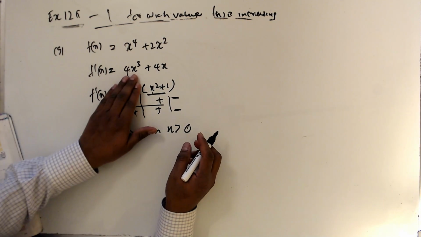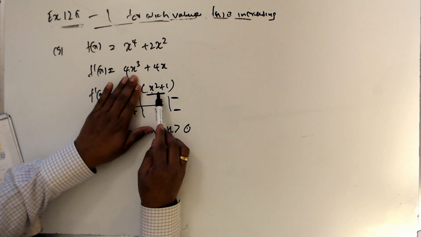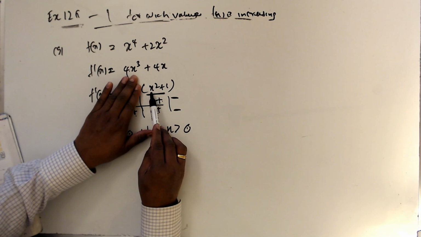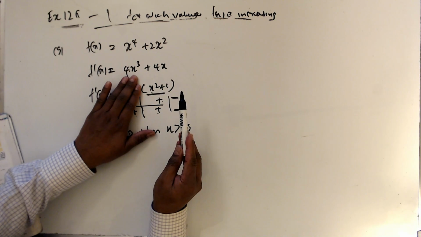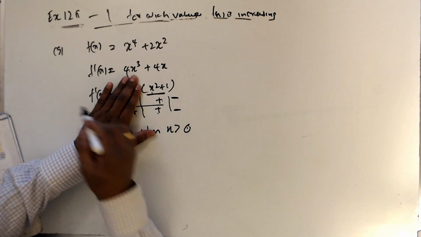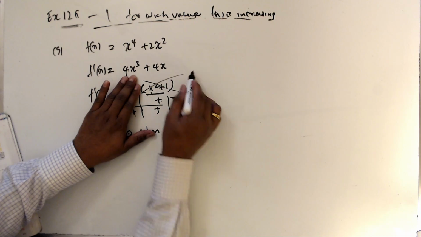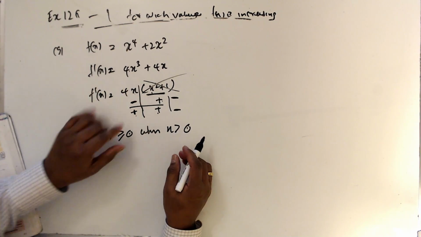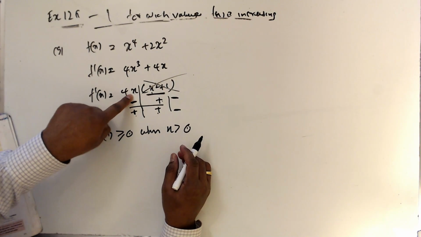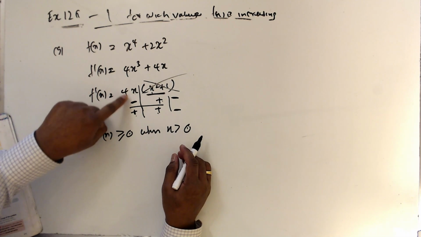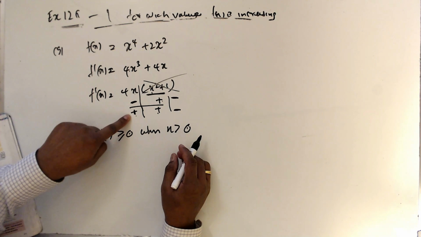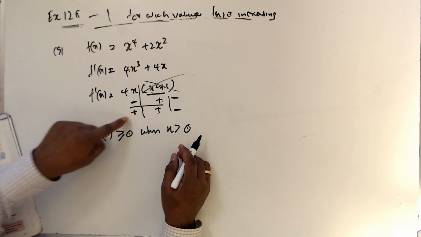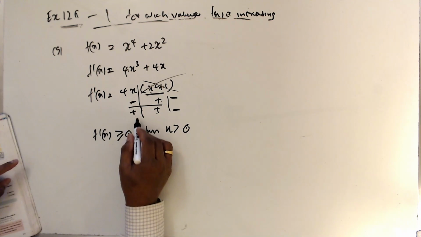For any x value, x square is positive, and when you add 1 to a positive, it is positive. Then f dash x does not depend on this part. It depends on the variable x. If x is negative, f dash x is negative; if x is positive, f dash x is positive.